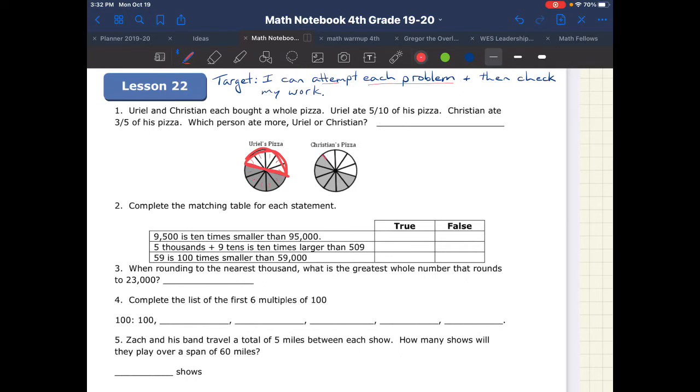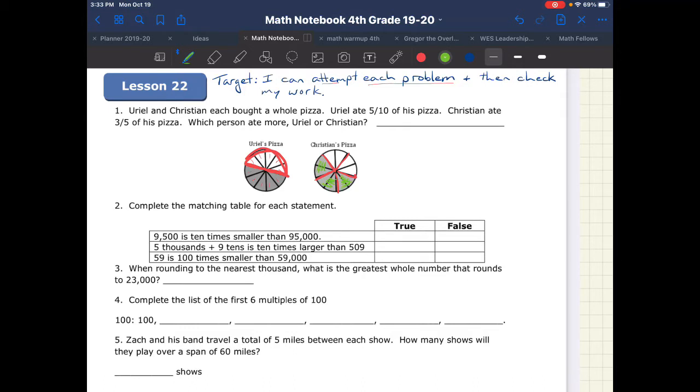But if I break these into bigger pieces, that is not at all working. What is wrong here? If I break these into double pieces, now I've got fifths.